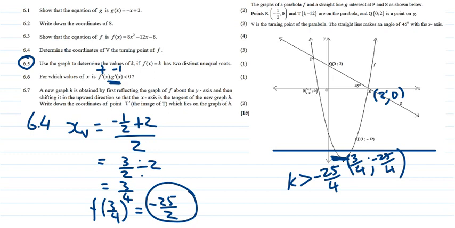Yes, the parabola has a gradient as well. It is the first derivative. If you find the first derivative of the parabola, it's going to be 16x minus 12. That's calculus, yes. But you don't need to do that.